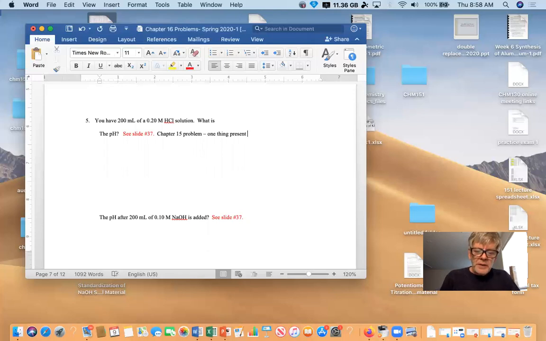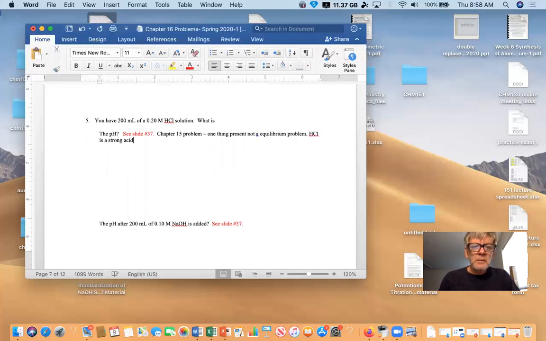But now we note this is not an equilibrium problem, because HCl is a strong acid. So to get the pH, we just need to take the negative log of 0.2.